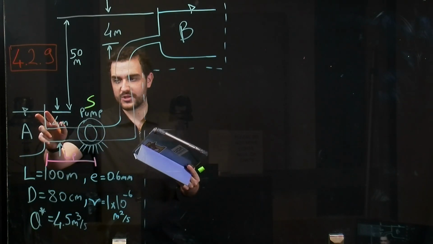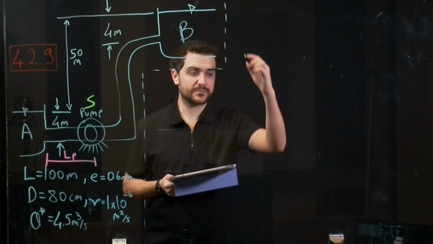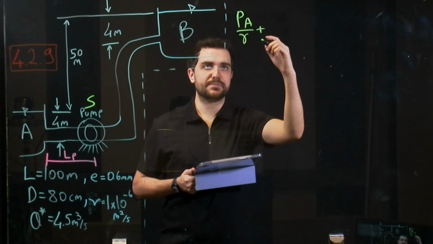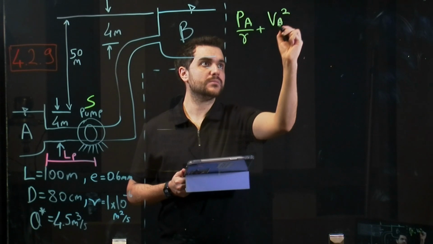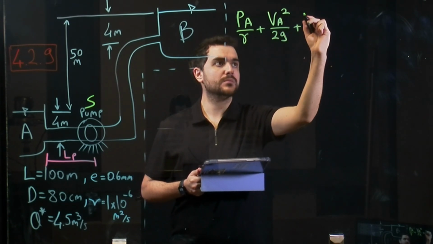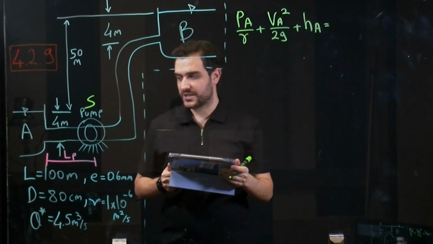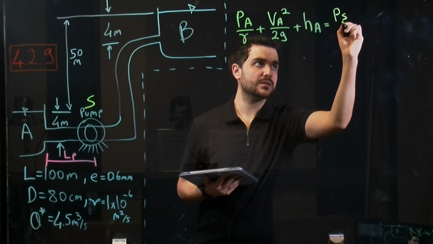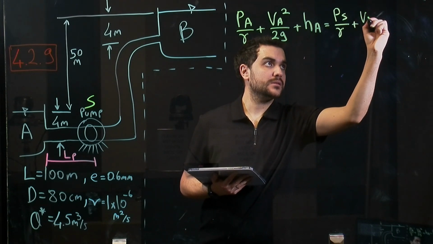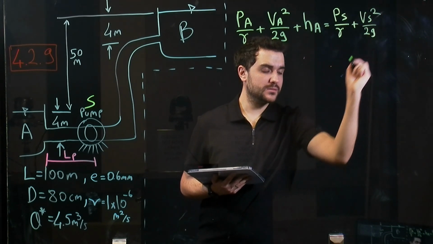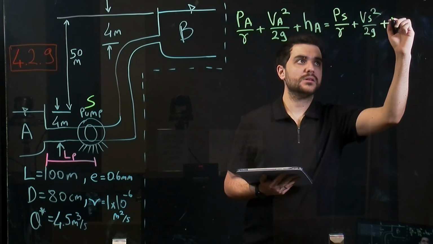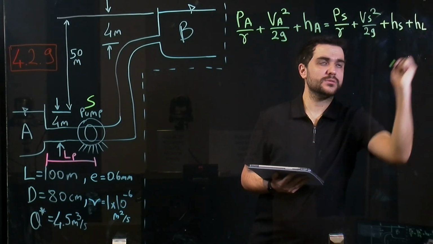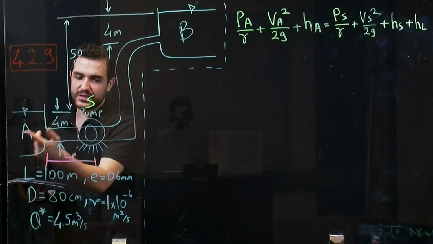So let me write the energy equation between point A and S. As always, the pressure at point A and the elevation of point A. And now pressure at S, the velocity, the elevation, and finally, of course, the head loss, because water will be moving from this point to this point.